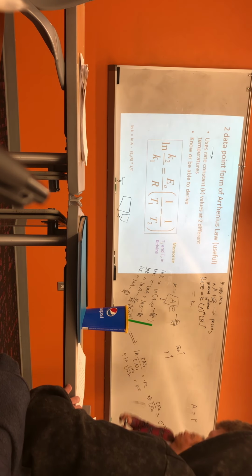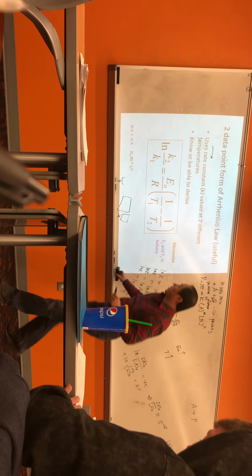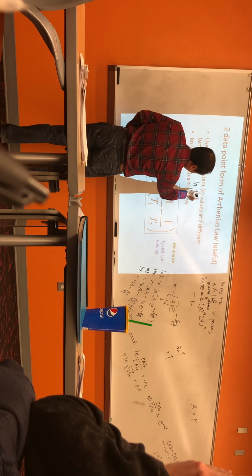This is also another convenient formula that you may have to use for some problems. From the Arrhenius equation, you just derive this equation, right? So you can say ln k depends on temperature. Sometimes they will give you different rate constants at different temperatures.